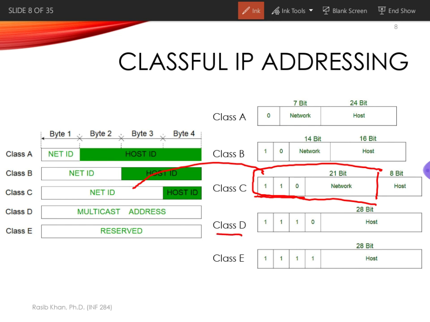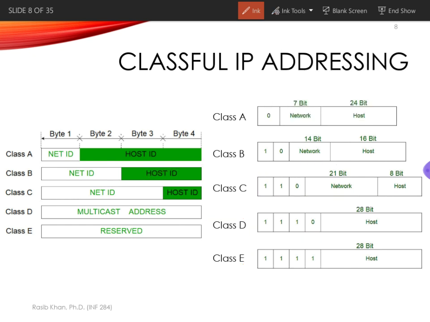For classes D and E, the preset or fixed bits are 1, 1, 1, 0 in the first 4 bits for class D, and for class E it's 1, 1, 1, 1 for the first 4 bits. These are reserved addresses and multicast addresses, not commonly used for host addresses.